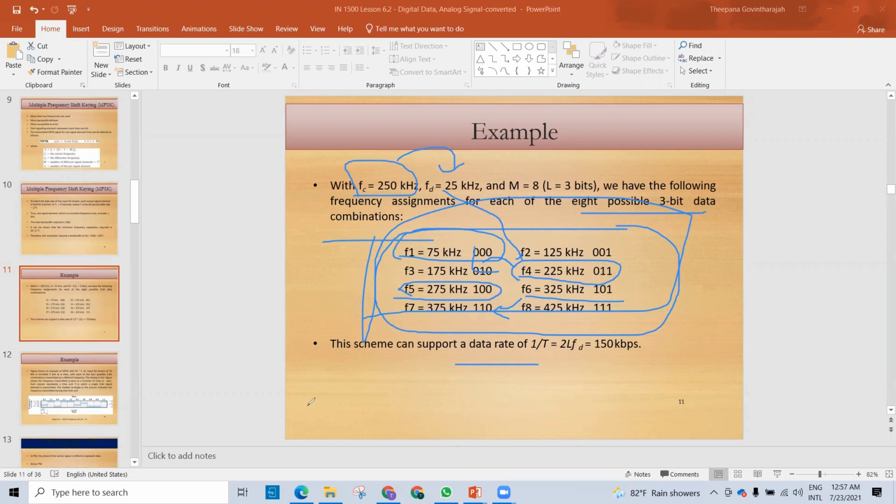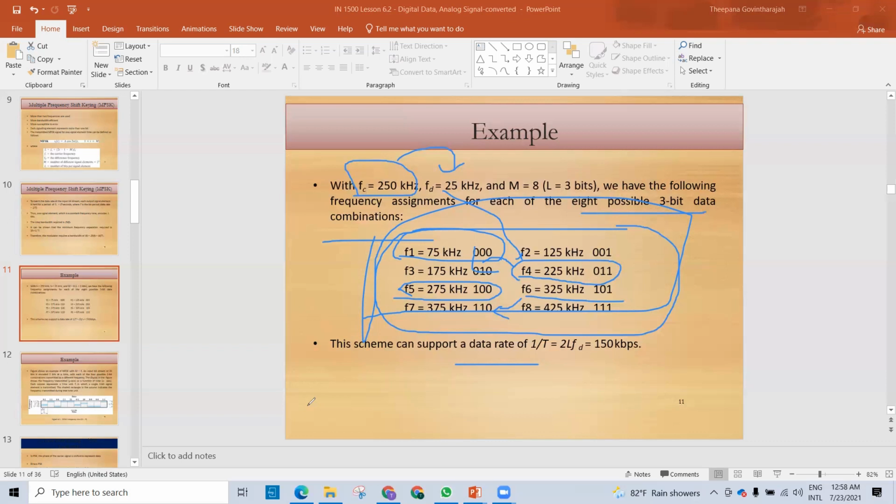As I have already mentioned, the minimum frequency difference, that is 2FD, should be equal to the frequency of the signal element, Fs, that is 1 by Ts.